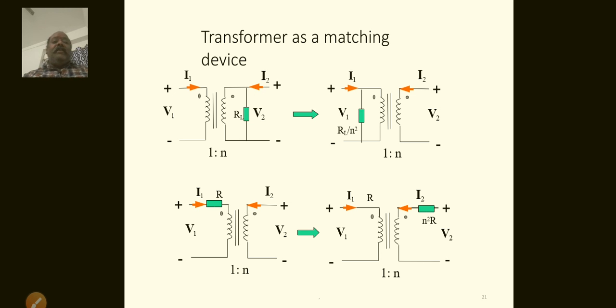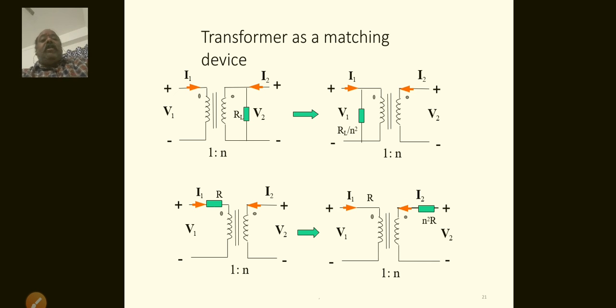If we take again the same phenomena, V1 and V2 are there, and I1 and I2 currents flow through that. But here, how many times should the resistance R be increased? Previously RL was the resistance of the secondary. It should be decreased by n square times, that means RL by n square.